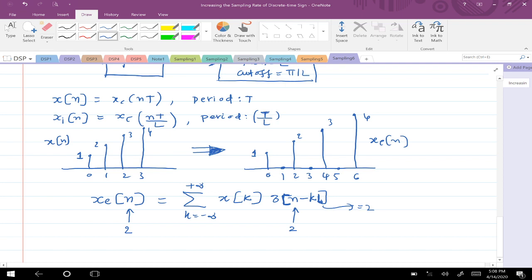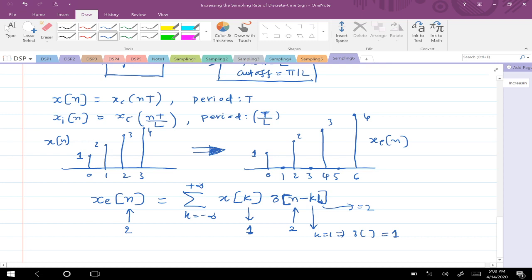If k equals 1, this delta function is non-zero, equal to 1. So k equal to 1 means this is going to be equal to x of 1. That means xe of 2 is equal to x of 1, right? For all other values this is 0.